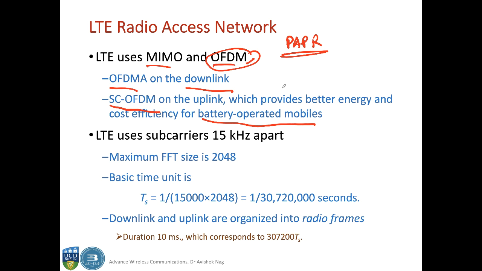So there is this PAPR, or peak to average power ratio, issue in OFDM, and that's why in LTE single carrier OFDM is used for the uplink, because the uplink is between your mobile phone and the E node B.